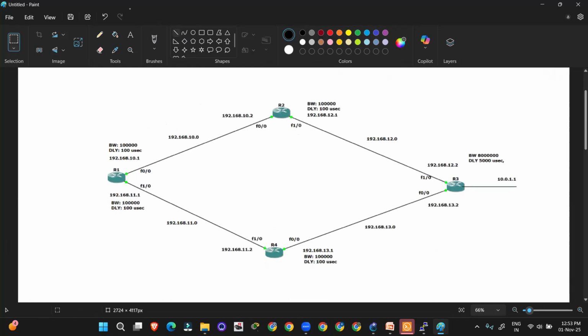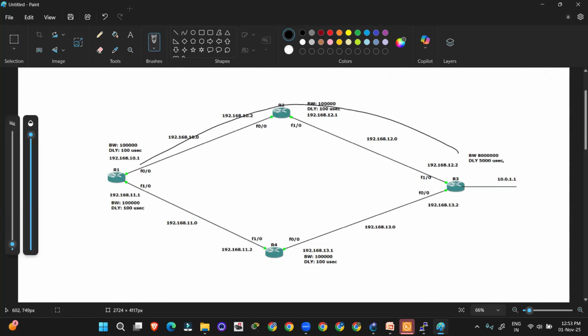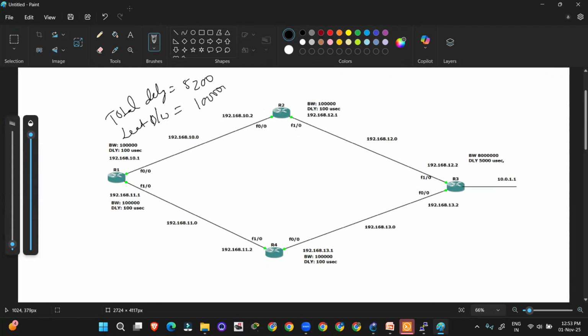So dear, first of all, we will find the total delay for the path. Total delay will be equal to 5200, and least bandwidth can be 100K.